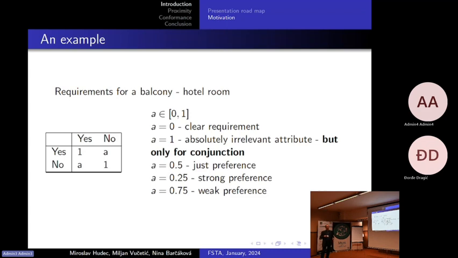If it is absolutely irrelevant for us, it could be given value 1, or be excluded from the conditions. But there are several other options, like just a preference, a strong preference, or a weak preference. If it is a weak preference for a balcony, then yes and no could be quite similar. So a room without a balcony cannot be rejected, but it should be lightly punished.